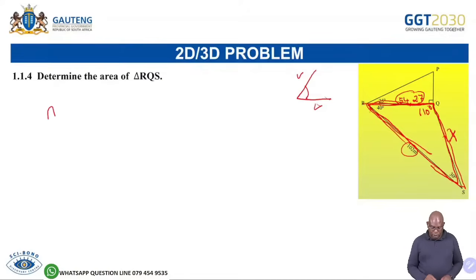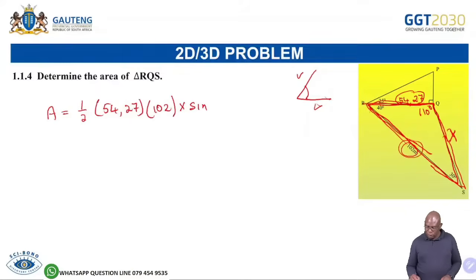So it means that my area is going to be half of 54.27 multiplied by 102 multiplied by sine of. So you see I've taken this and that, so the angle that must be there must be 40.